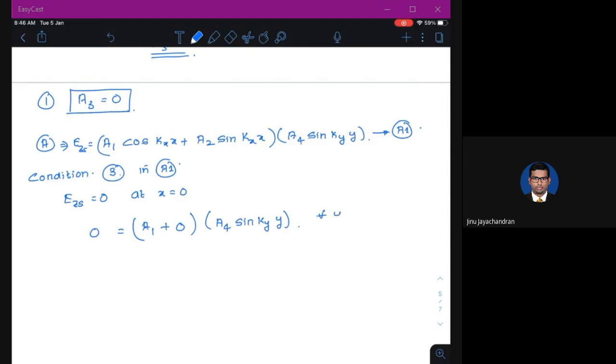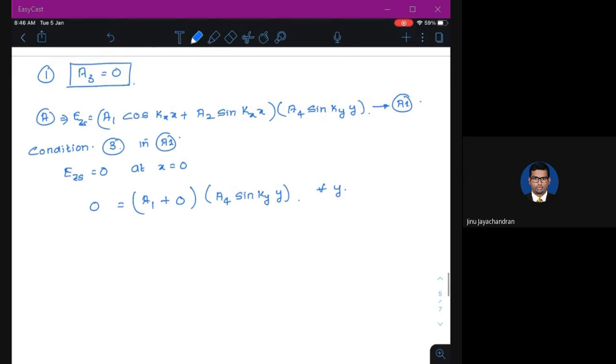So this should be 0 for all y. Now, you see that y ranges from 0 to b in this case. So when y ranges from 0 to b, the sine value will not be 0 from 0 to b, because you will have 0, 1 by 2, 1 by root 2, etc. So this term is not 0. Now, the other possibility is A4 is 0.